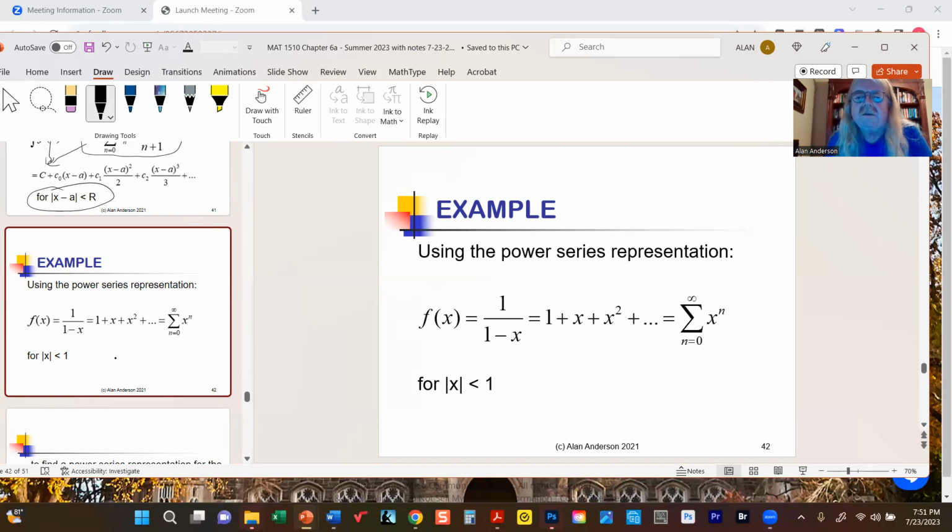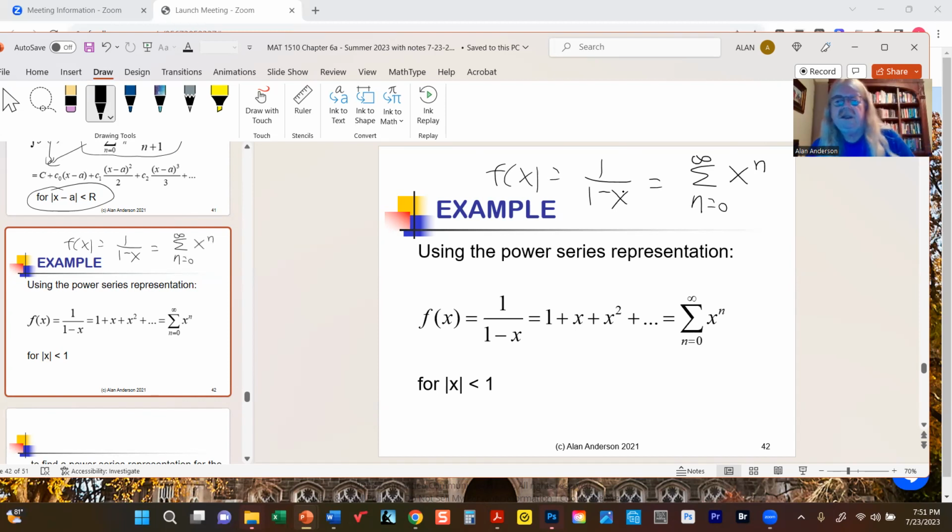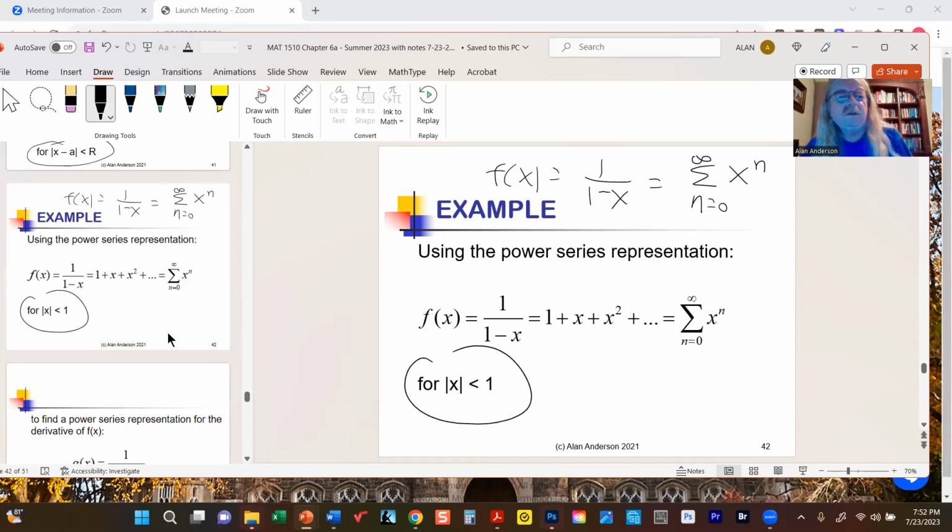And so we end up with f of x is 1 over 1 minus x, which could be rewritten as the infinite series from n equals 0 to infinity of x to the n power. And again, assuming that this is true right here. If not, it diverges.